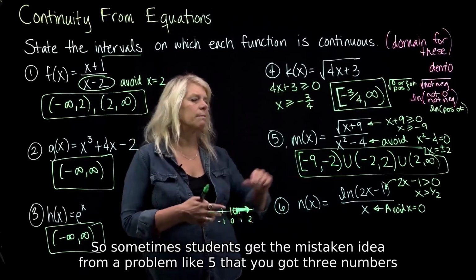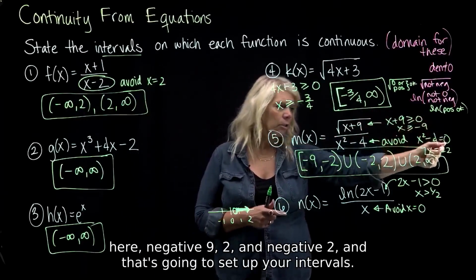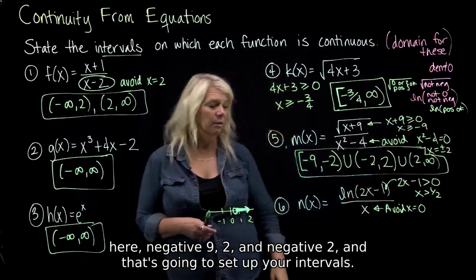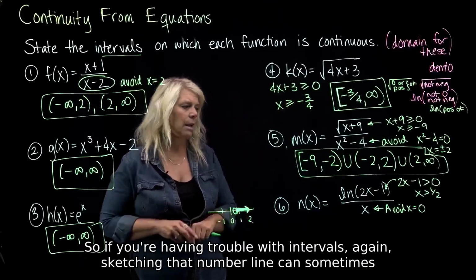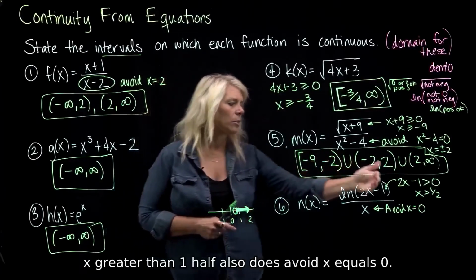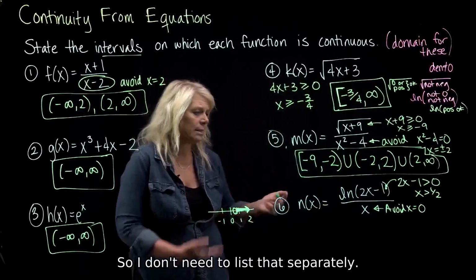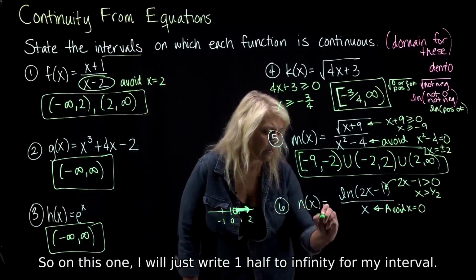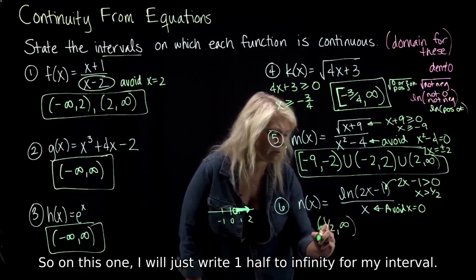So sometimes students get the mistaken idea from a problem like 5 that you got 3 numbers here, -9, 2, and -2, and that's going to set up your intervals. So if you're having trouble with intervals, again, sketching that number line can sometimes help. X greater than 1/2 also does avoid x equals 0, so I don't need to list that separately. So on this one, I will just write 1/2 to infinity for my interval.